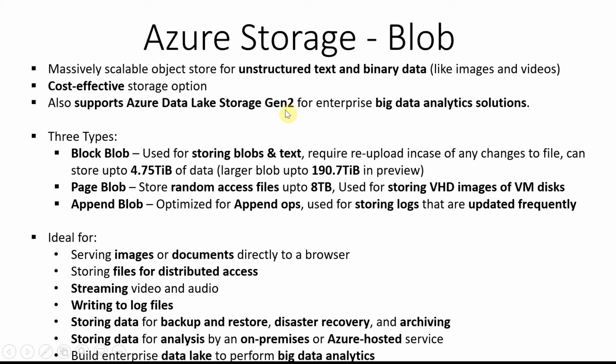The difference in Gen 2 is that the Hadoop file system way of storage is prioritized. The older version, Gen 1, was not having the Hadoop file system support, but Gen 2 introduced it.